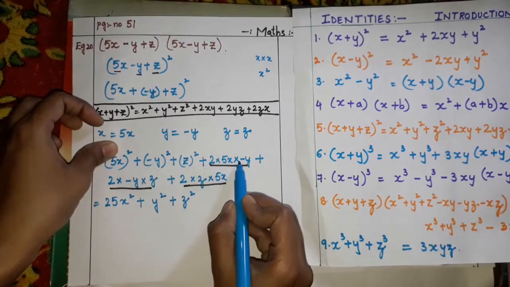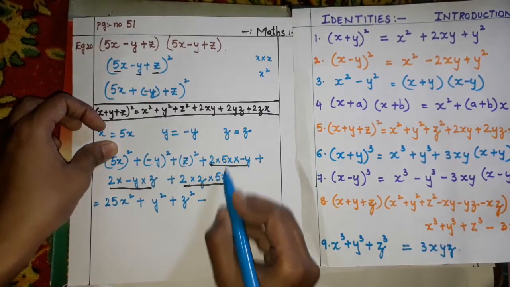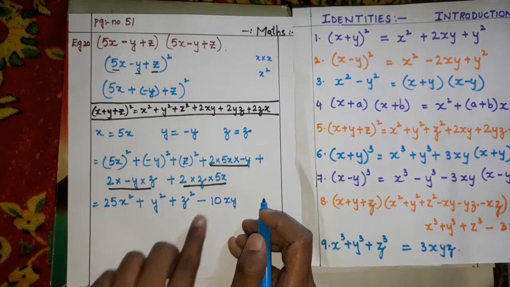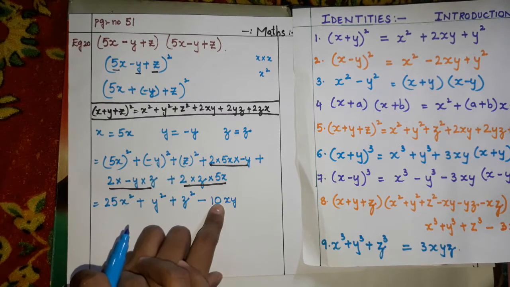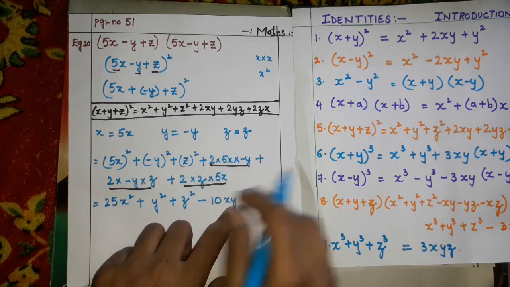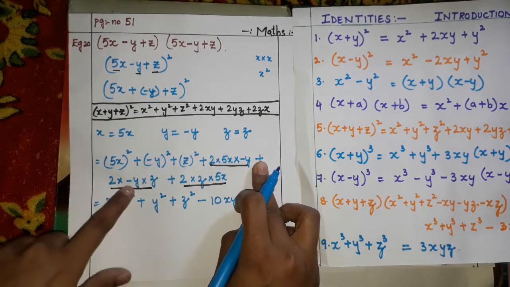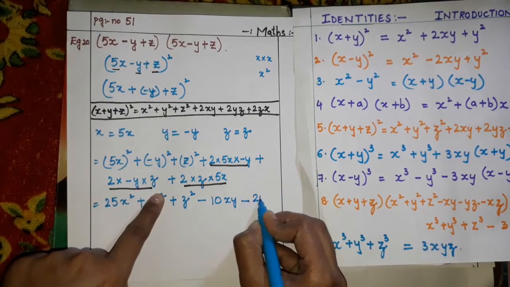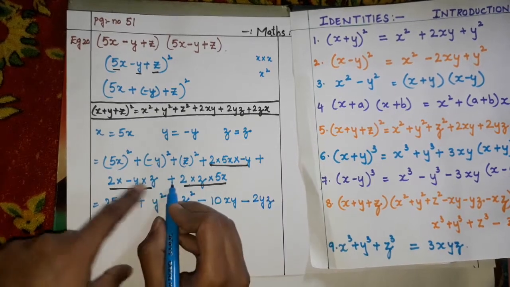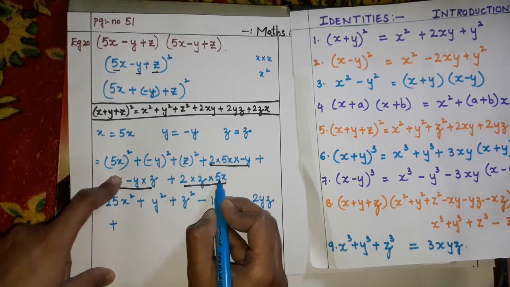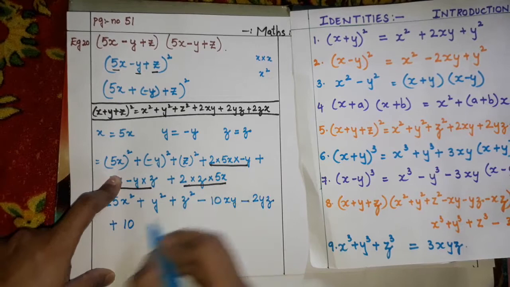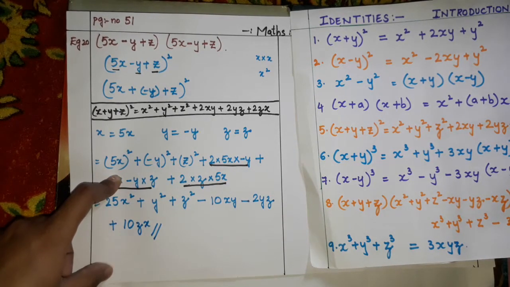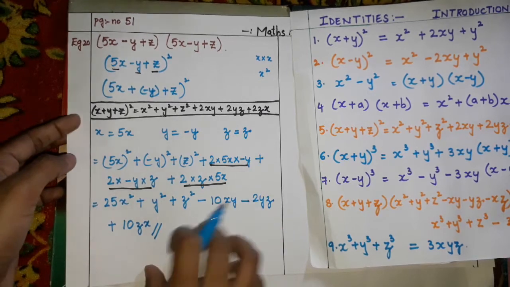Plus into minus is minus, 2 fives are 10, x into y is xy. First you need to multiply signs, then the numbers, then the variables. Now plus into minus is minus 2yz itself, plus 2 fives are 10, z into x is zx. That's it. Did you all understand children?